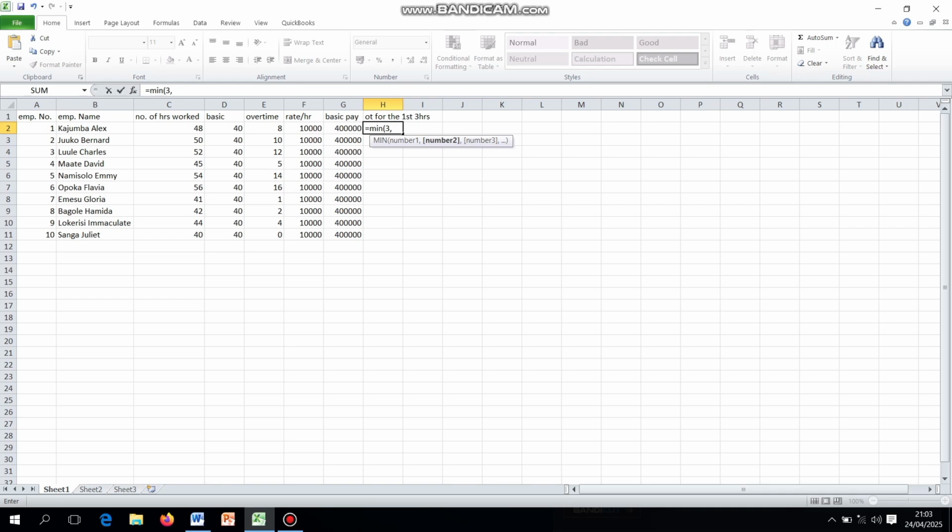Number 2 will be the hours worked, which will be this. After getting that, I will subtract the standard hours, which is this. After subtracting the standard hours, I will close the bracket. After closing the bracket, I will multiply everything by the rate per hour.